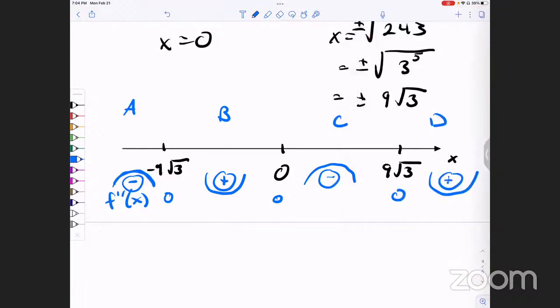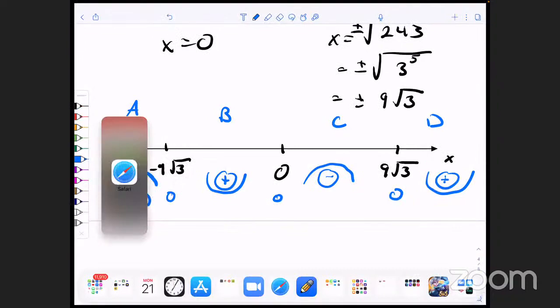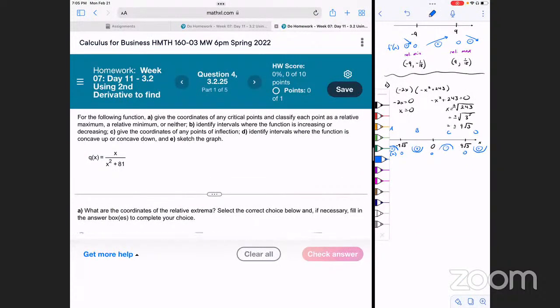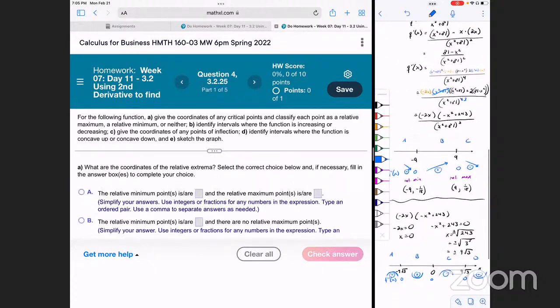All right, so I think we're ready, and I think we can wrap this up. Now, if we put all this together, we might have to do a little bit of back and forth. Part A, what are the coordinates of the relative extrema? Right here, we got a max and a min. The minimum that we got was negative 9.